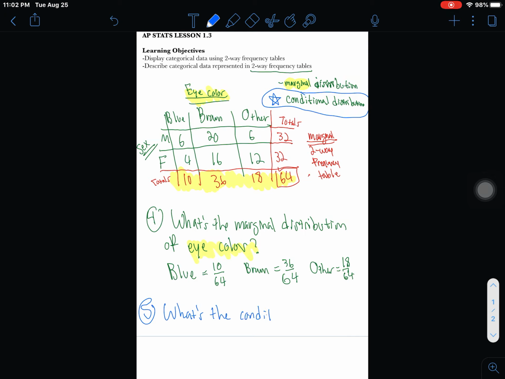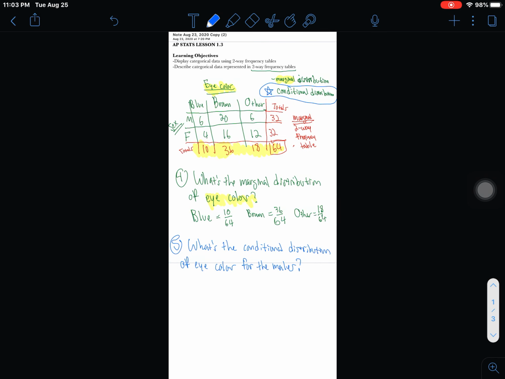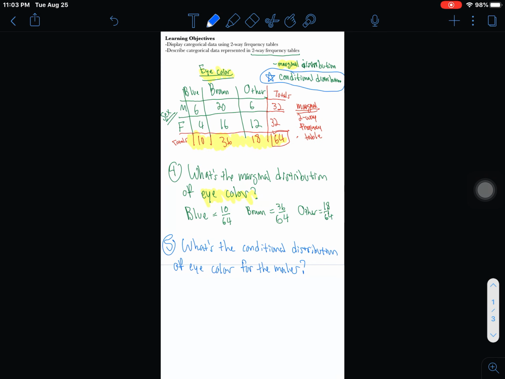What's the conditional distribution of eye color for the males? All right, so the best way I can explain what conditional distribution is going to be is almost through an example.